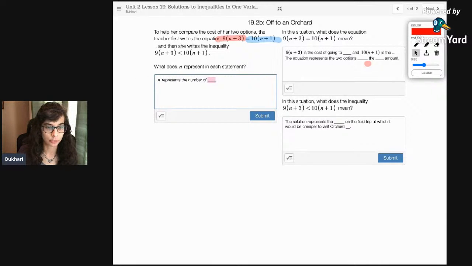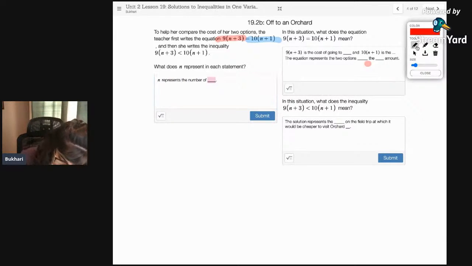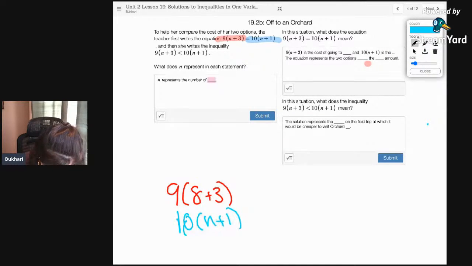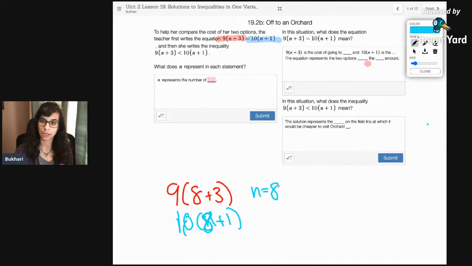If you want to think about it for a second, when I was writing the equation 9 times (8 plus 3), and I had my other equation that I was solving, 10 times (8 plus 1), n was replaced by 8. I substituted 8 in. So what does n represent?